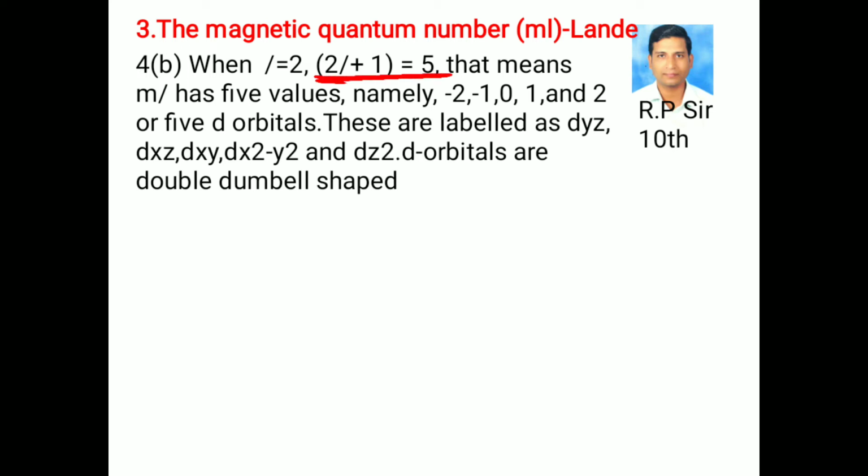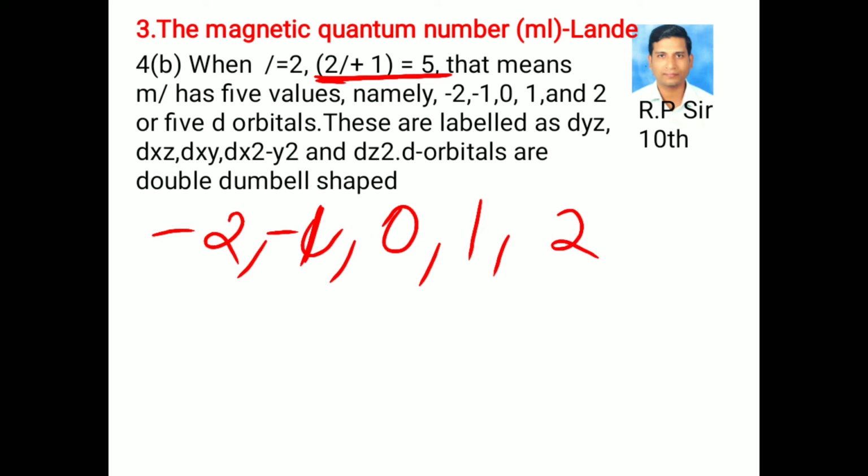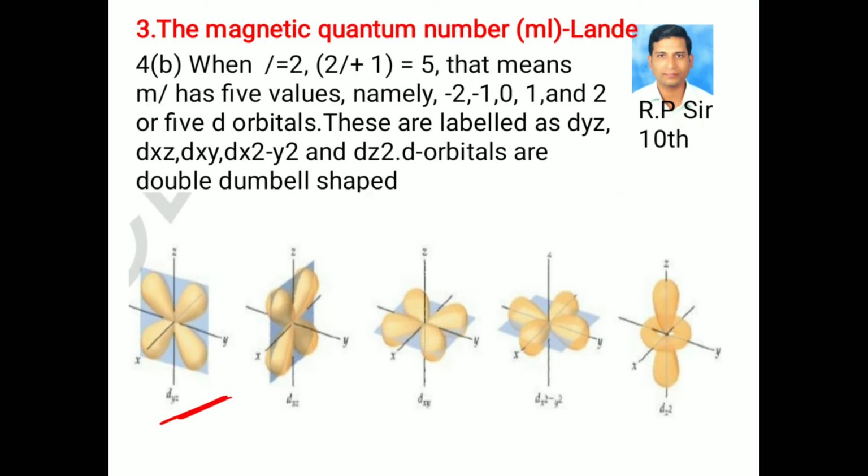That means ml has 5 values, namely -2, -1, 0, 1 and 2, or 5 d orbitals with different orientations, and these are labeled as dyz, dxz, dxy, dx square minus y square and dz square. D orbitals are double dumbbell shaped.